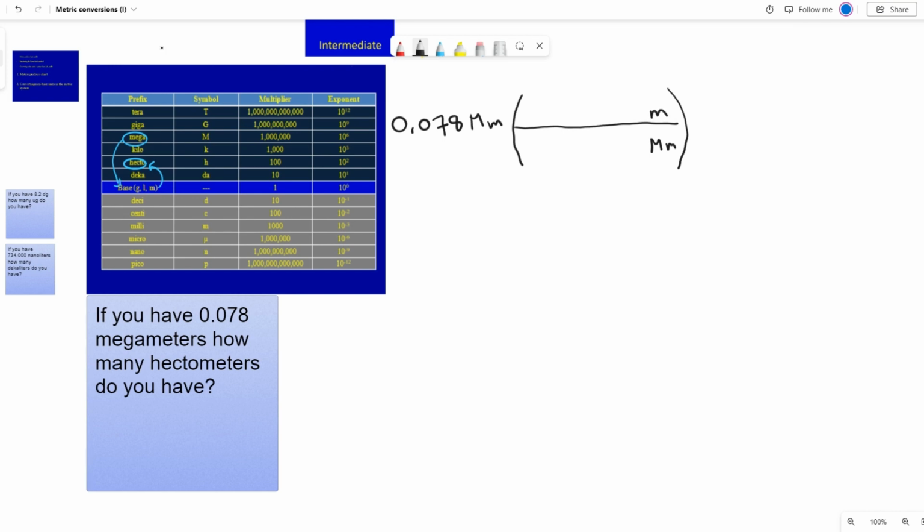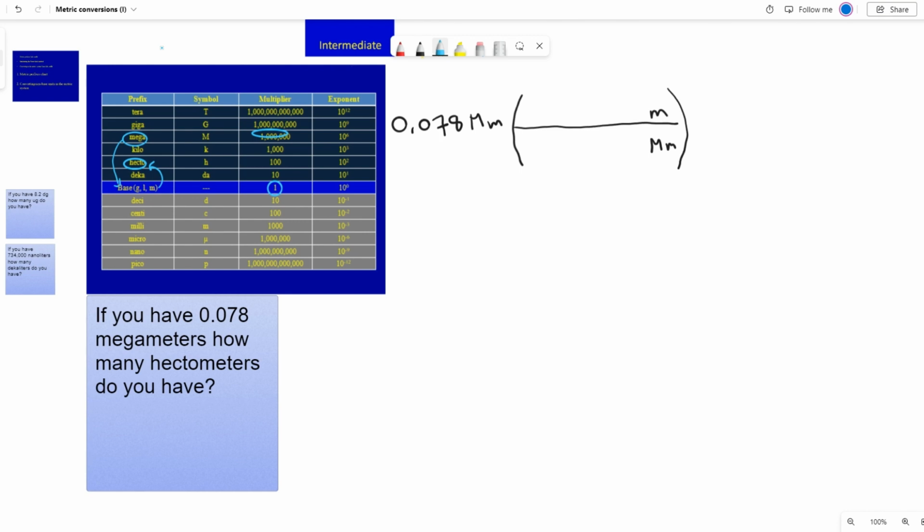Now, what is the relationship between a megameter and a meter? Well, if we take a look, the meter is right here, that's the base unit, and the megameter is up here, and that is a million times the size, I circled the wrong one. The megameter is a million times the size of the base unit.